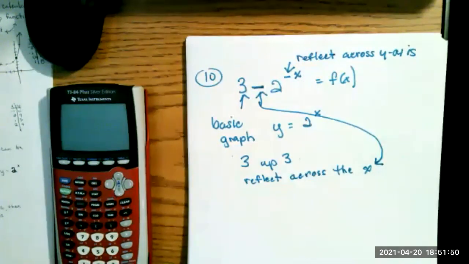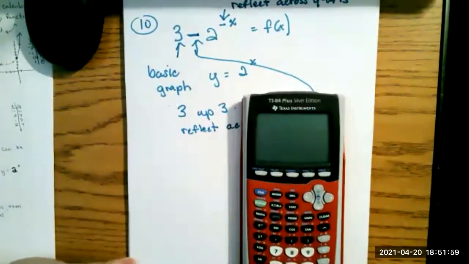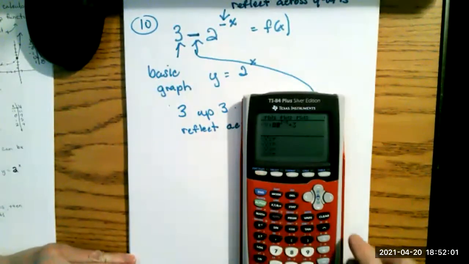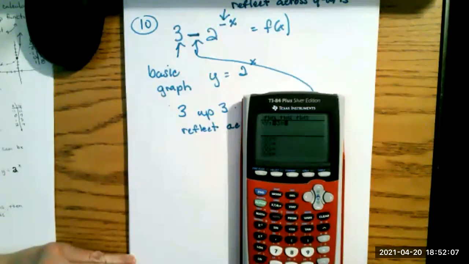Now see if you can put it in your calculator and see what this graph looks like, and we'll get some points off of our table. 3 minus 2, raised to the negative x. Use the negative down by enter, not that connector negative.